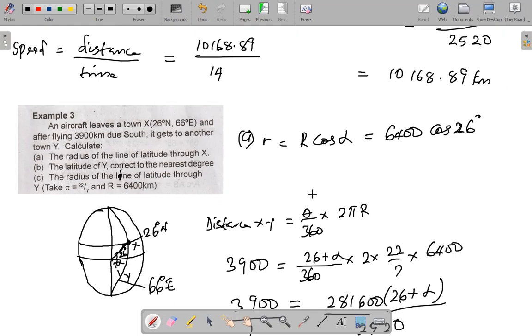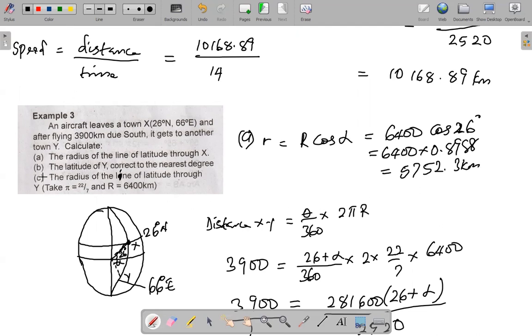Cos 26 is 0.8988. Then this will be 6,400 times 0.8988, which gives us 5,752.32 kilometers.